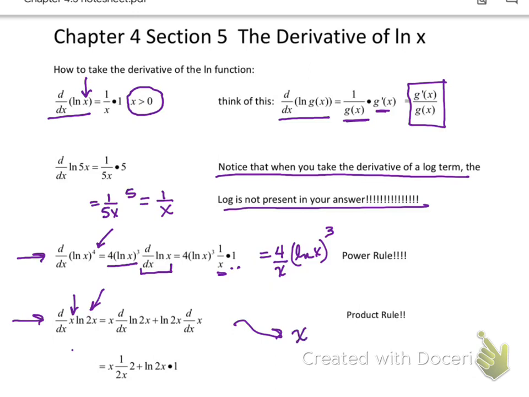The derivative of the natural log of 2x is 1 over 2x times 2, plus right, natural log of 2x times the derivative of the left, which is just 1. Okay, time to clean up. Those 2's cancel. The x's cancel. So I have 1 plus the natural log of 2x for my answer.